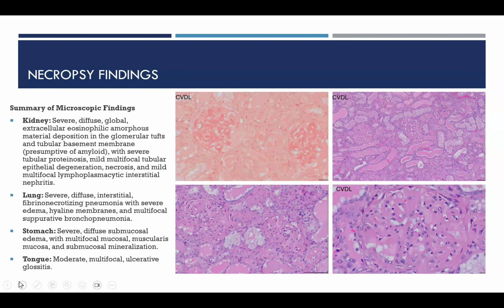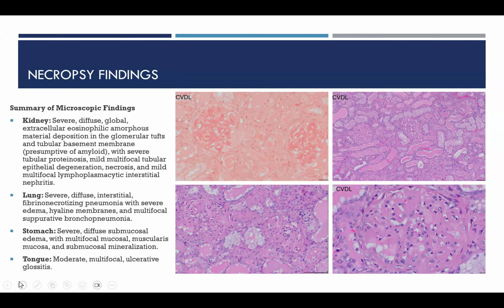Yeah, exactly. And then these were some of the gorgeous histopath photos from the lung, the stomach, and the tongue. I think these are just all kidneys that I have the photos of, but he described the lung as having a severe diffuse interstitial fibronecrotizing pneumonia with severe edema, hyaline membranes, and suppurative bronchopneumonia.